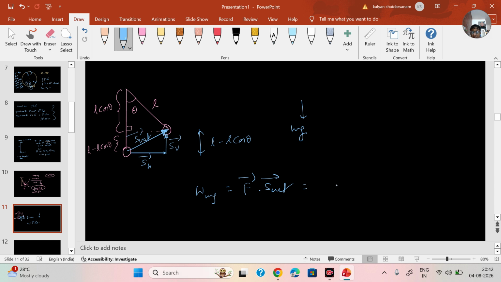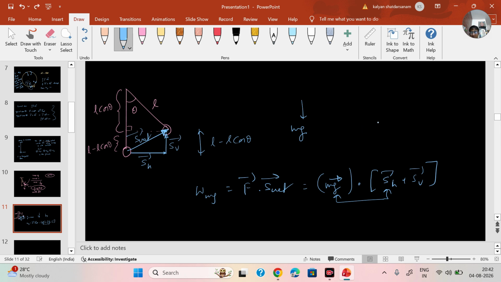Okay, now I can say mg is the force, g is acting down. I dot it with net displacement, which I can write as SH plus SV. mg is vertically down, whereas SH is horizontal. So this dot product will become 0, because mg is down and SH is a horizontal displacement.